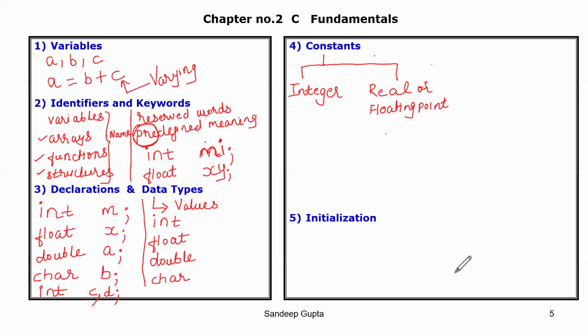Just a minute, guys. All right. So next is integer, next is real or floating point constants.